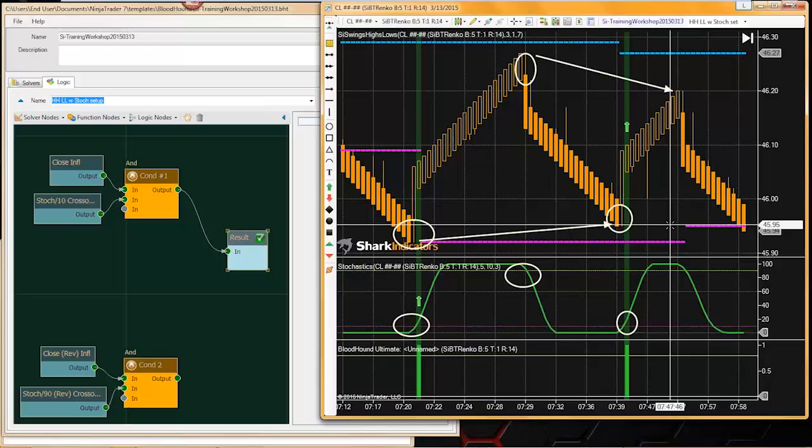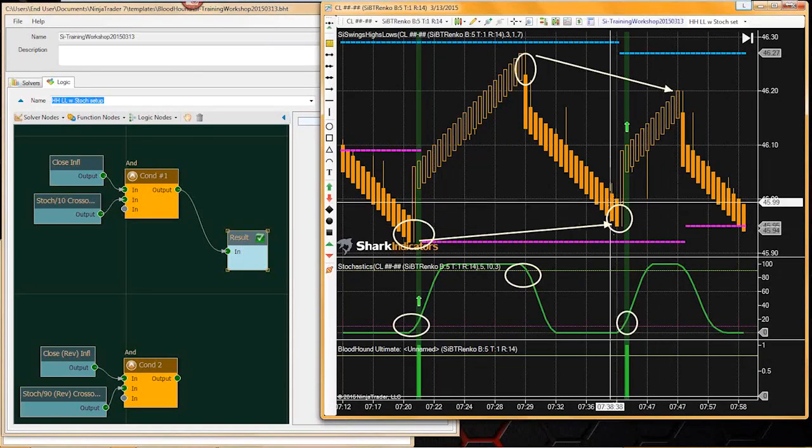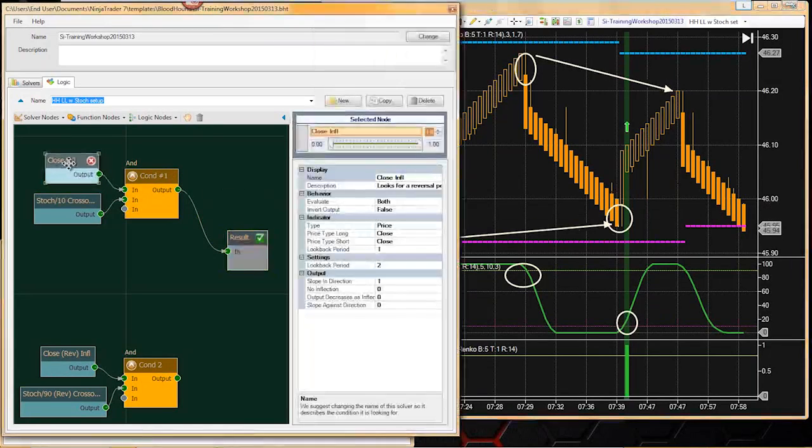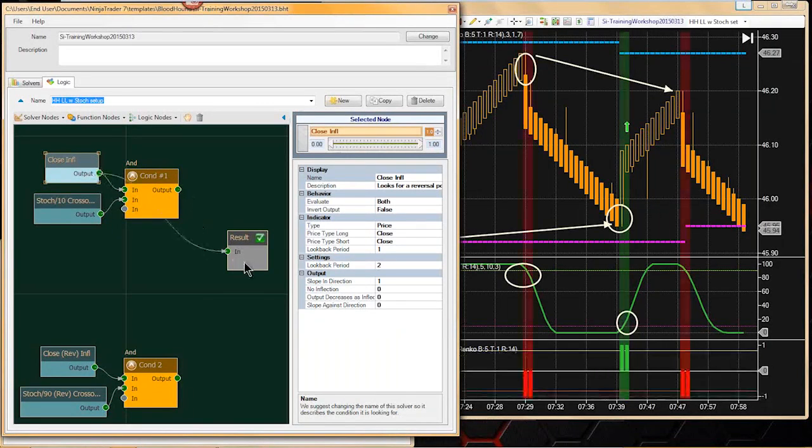All right, so I think what I'm going to try here is I can use this inflection solver. Actually, let's see. This inflection solver has a look back of 2. I'm going to note that in the name of this solver here.